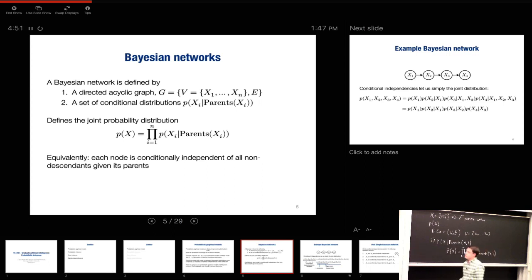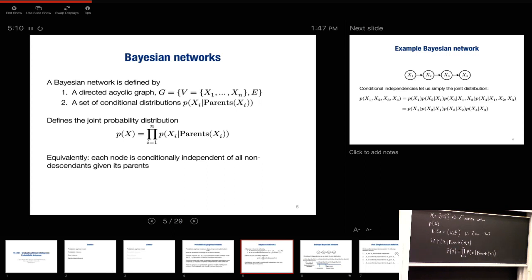And typically we're going to assume that the variables are ordered in what's called a topological ordering, so that all the parents of a variable j always come before j in the ordering, which exists for any directed acyclic graph. But we're not going to get into those kinds of details here.